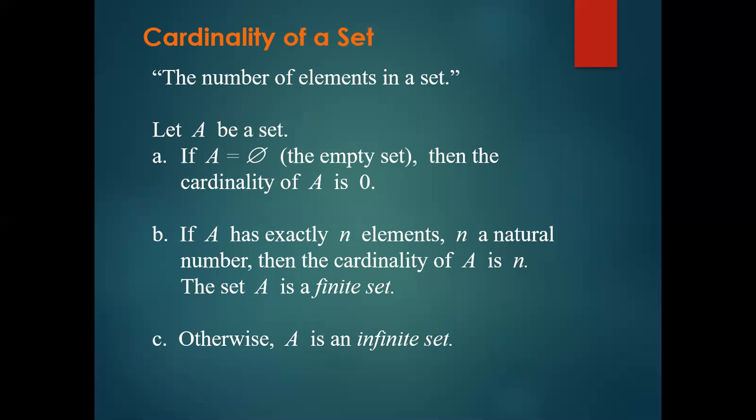To play cricket, you have to have a bat, but you don't have a bat. So you can't play cricket, and the cardinality of playing cricket would be zero. The possibility, basically, would be zero.